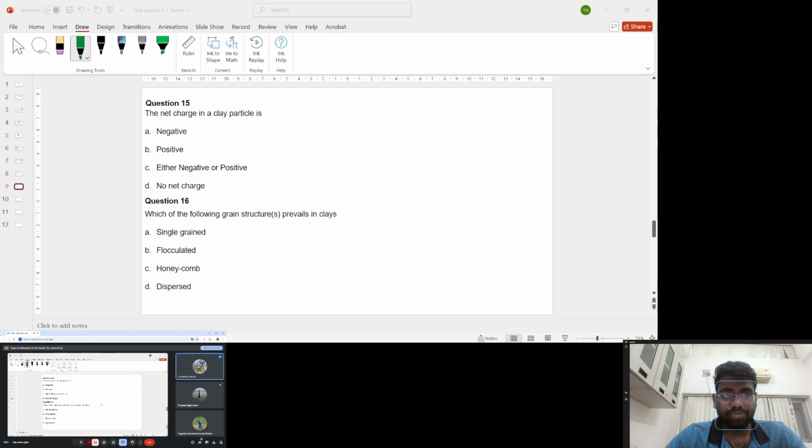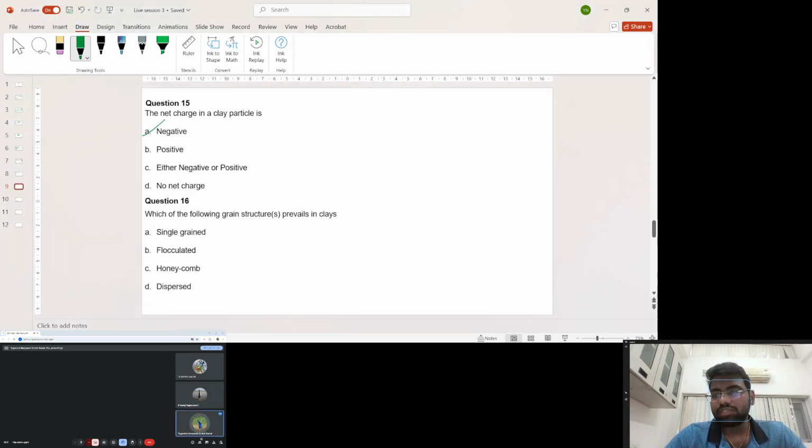Net charge is negative always, because its edges are positive and its face has negative charges. So the net charge will always be negative in clay. So that is the option.